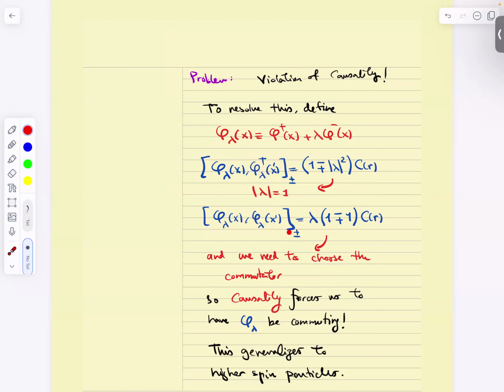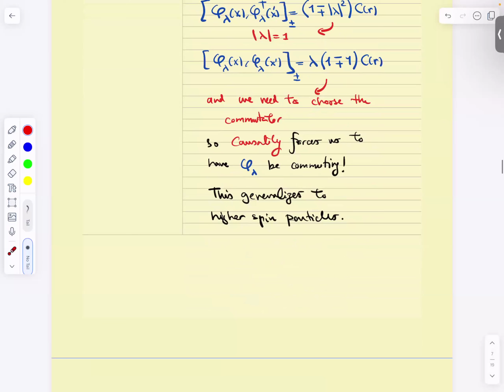So this is the commutator, anti-commutator of the real scalar field. Good? Everybody's with me? Because this doesn't vanish outside the light cone, the only sensible choice is the top one. If I pick the bottom one, it would not vanish outside.